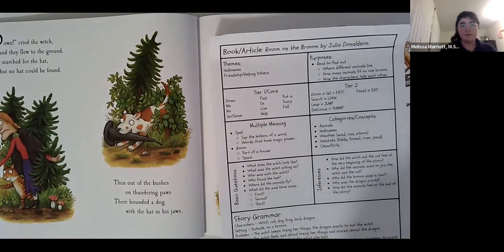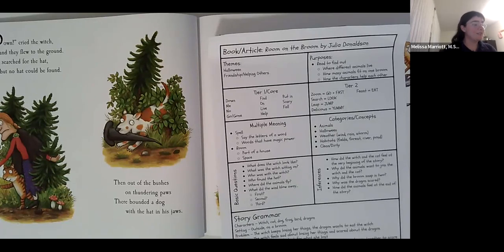The last vocabulary kind of thing is multiple meaning words. These can be really fun if they are at an appropriate developmental level for your clients. Multiple meaning words can be very silly to target. I'm thinking about like bat and bat.